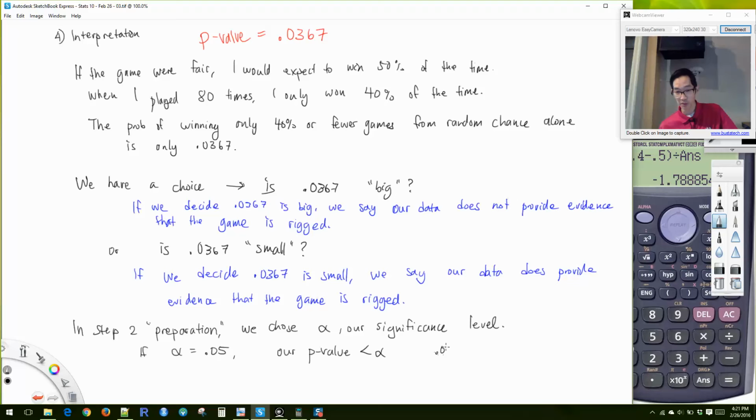So 0.0367 is less than 0.05. So this means what? This means that we've decided that 0.0367 is small, and we say our data provides evidence that the game is rigged. Okay? Our p-value is small.